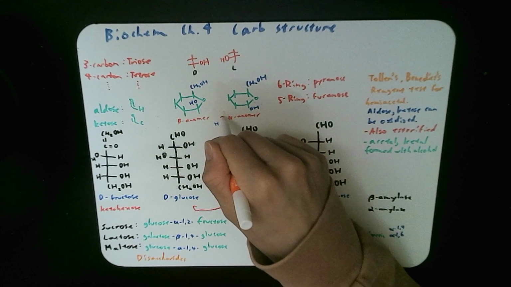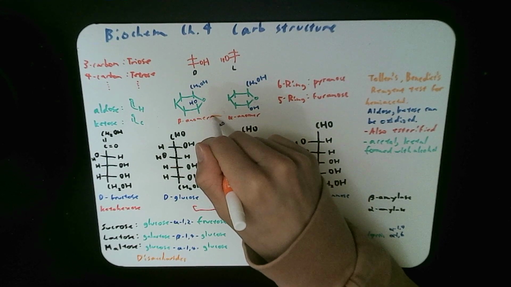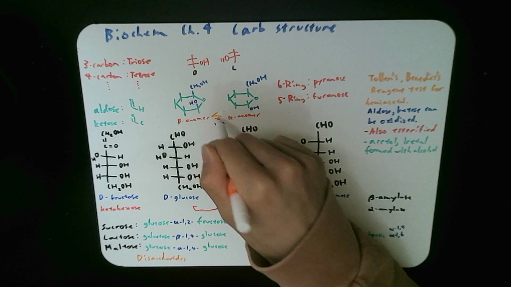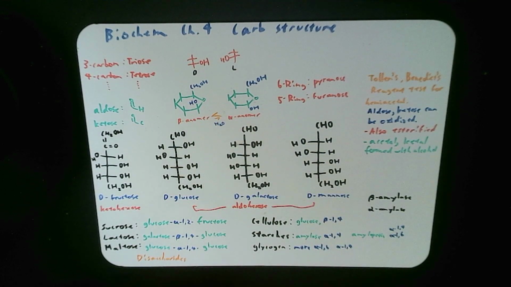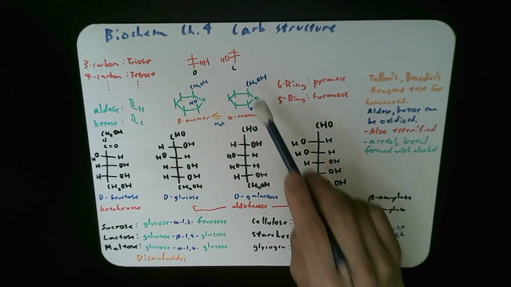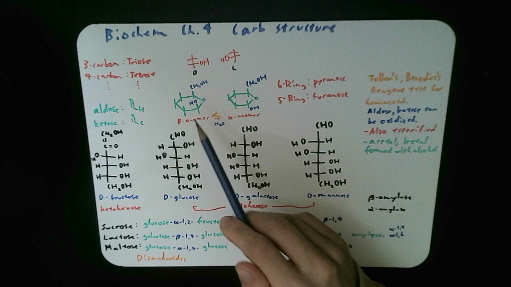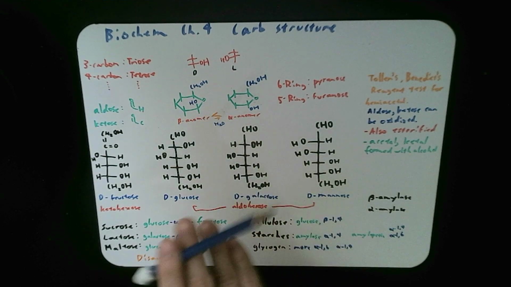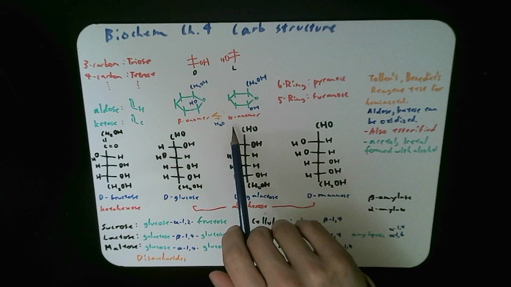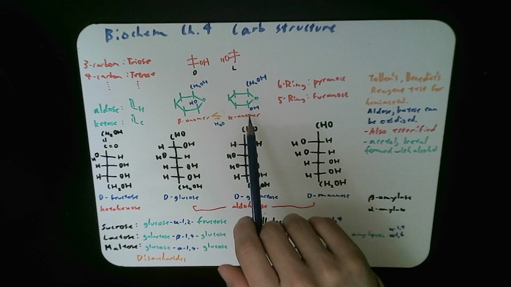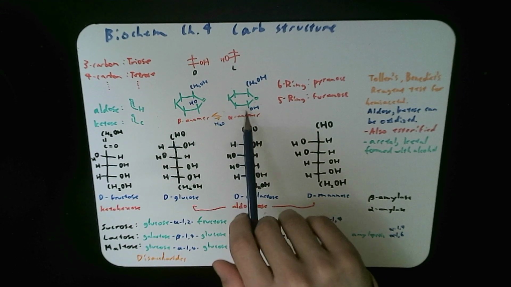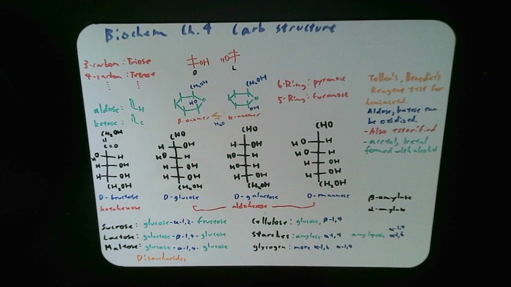Think about A, because A is trans, so it's like the E formation, opposite side. And the beta anomer is preferred because when you do the projection, the OH is actually equatorial, whereas the alpha anomer is axial, and that axial creates some steric strain within the cyclic ring with the other H groups.